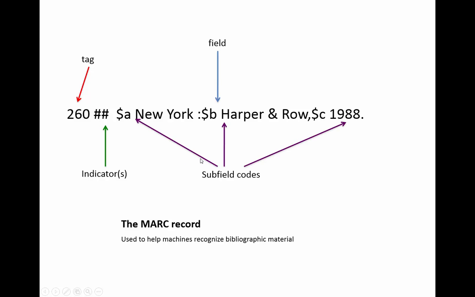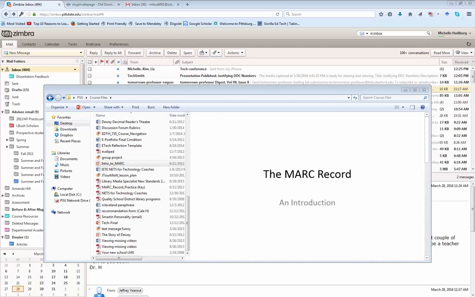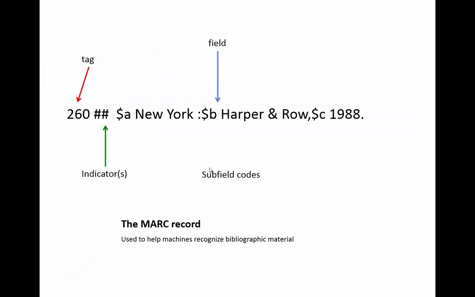My lines are a little bit off, let me fix that real quick. Okay, I've fixed this so that our subfield codes point at the actual subfield codes. A code is a little piece of information telling the computer that immediately after this, you're going to find something very specific: the subfield.